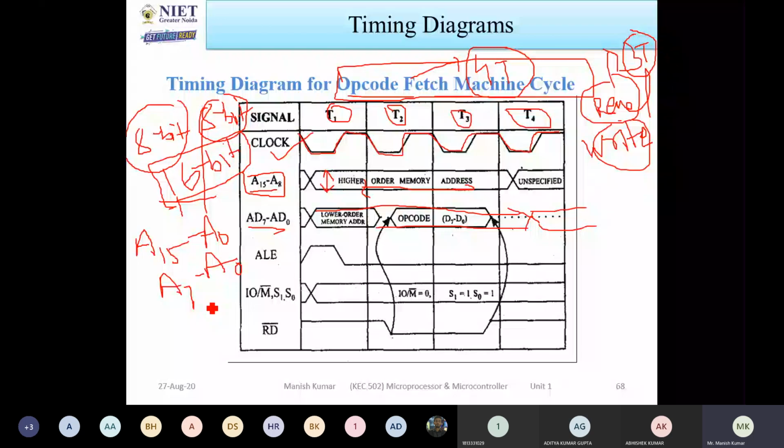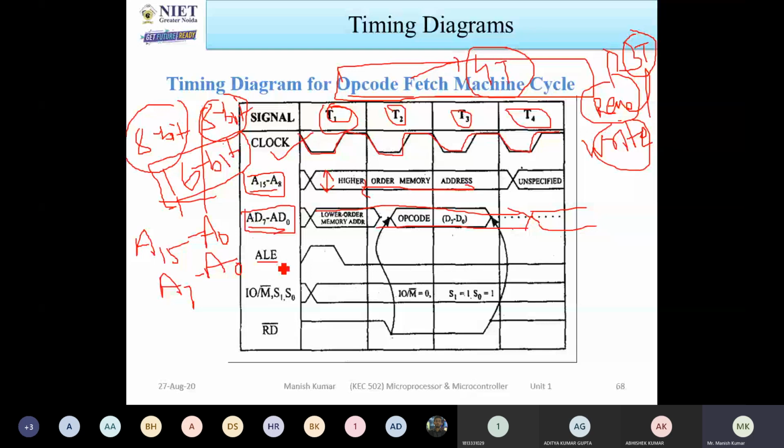So now in the first clock cycle, T1 state, we set the ALE signal, ALE equal to 1. When ALE is equal to 1, it means that whatever data is available on AD7 to AD0 behaves as an address.